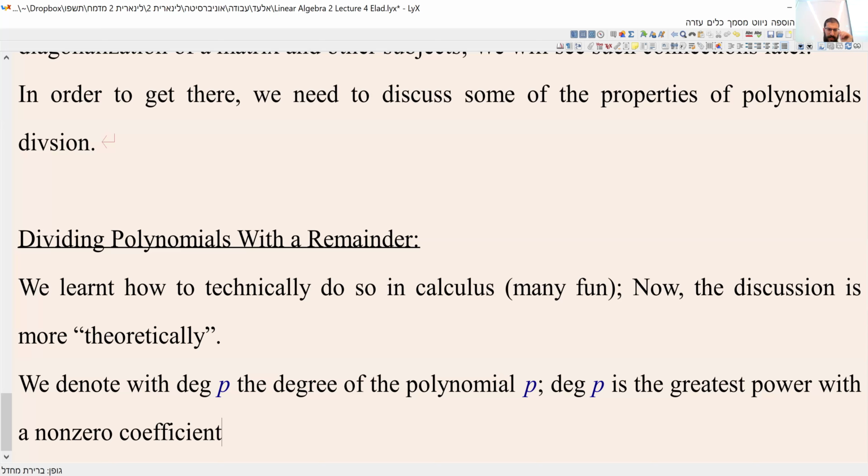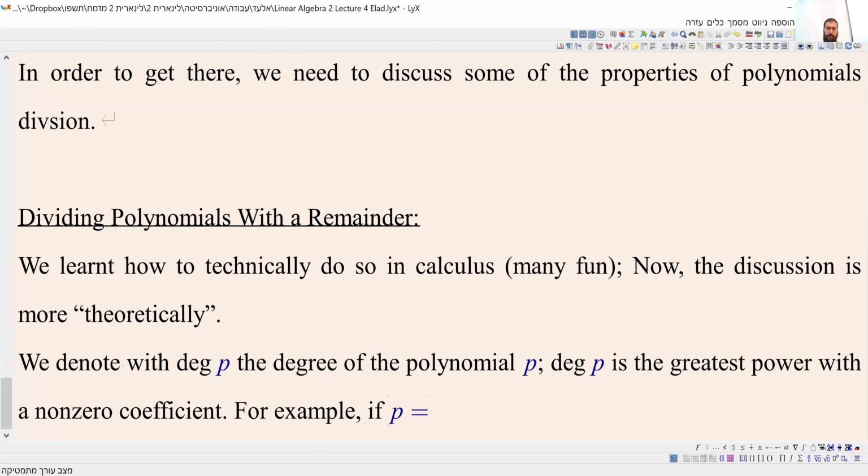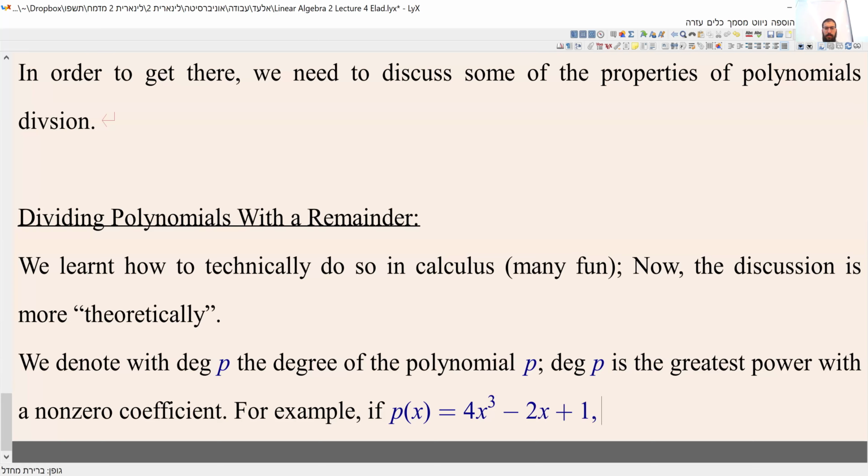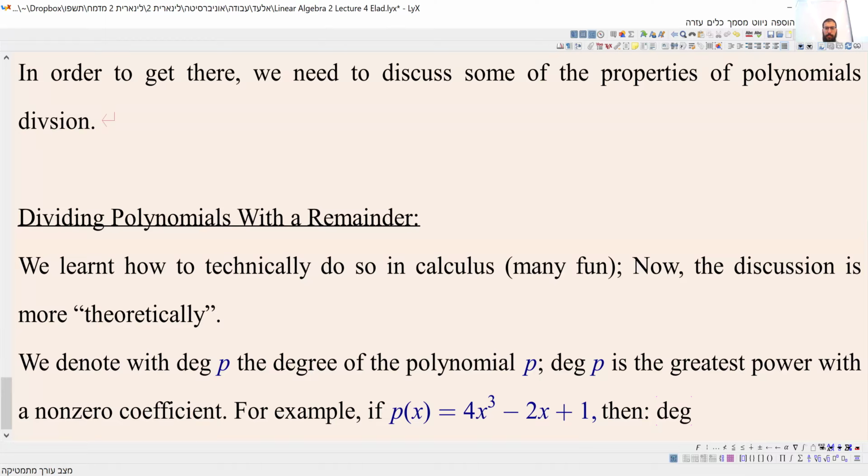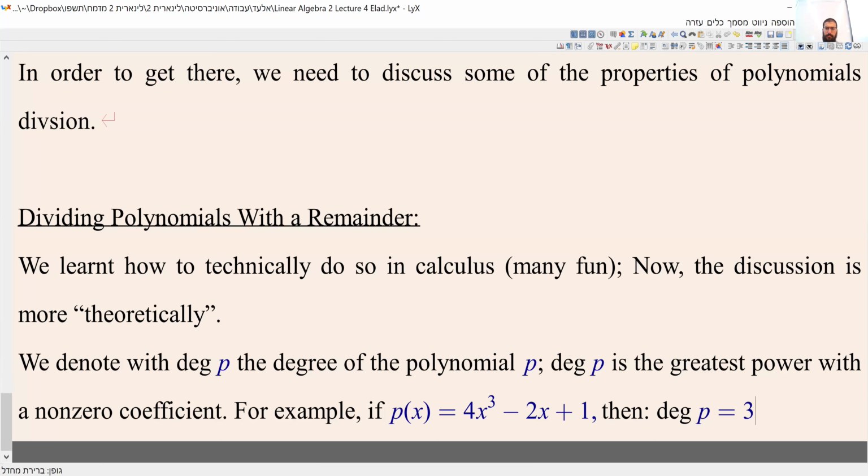For example, if p of x is 4x to the power of 3 minus 2x plus 1, then the degree of p is 3.